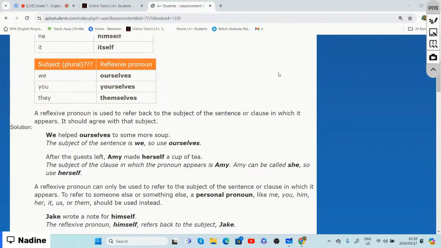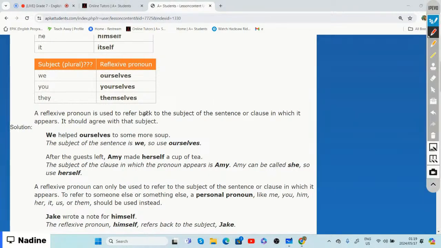All right, so we see the reflexive pronoun is used to refer back to the subject of the sentence or clause in which it appears, and it should agree with the subject. Earlier on, we made an example on our whiteboard of how a reflexive pronoun needs to agree with our singular or plural subject.